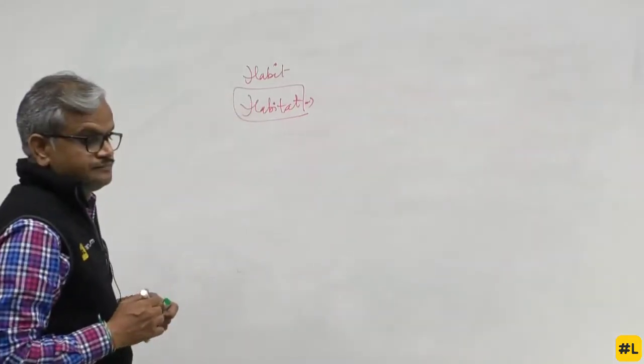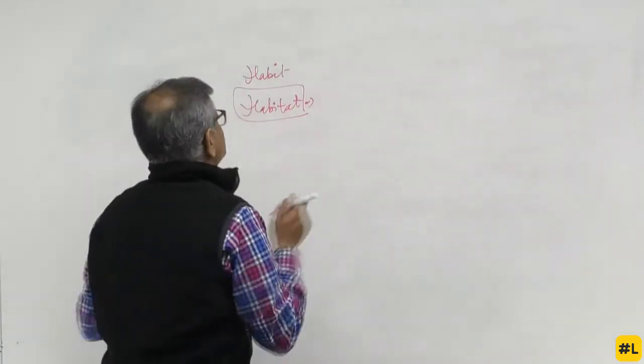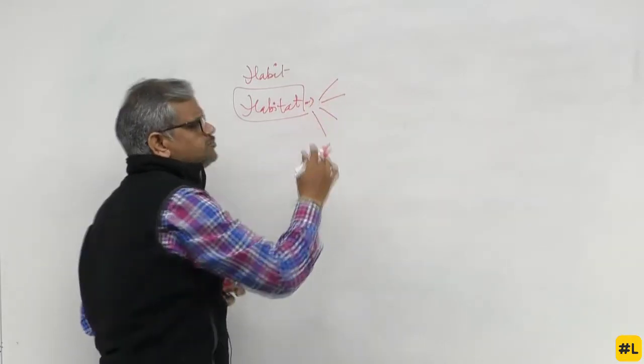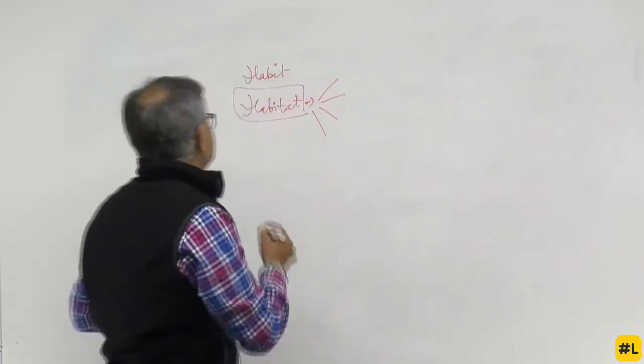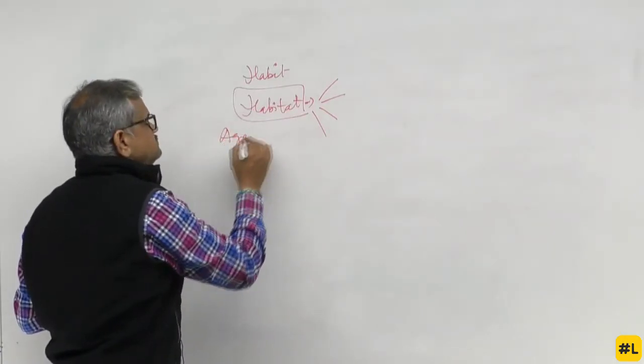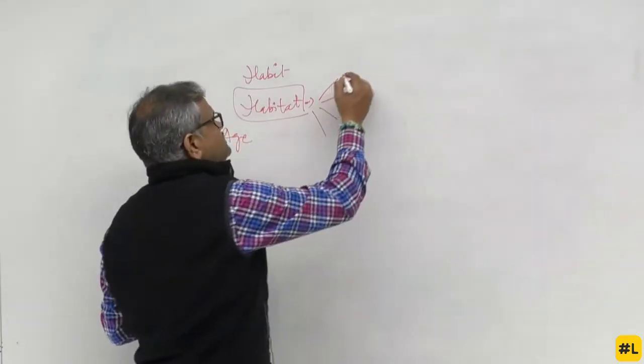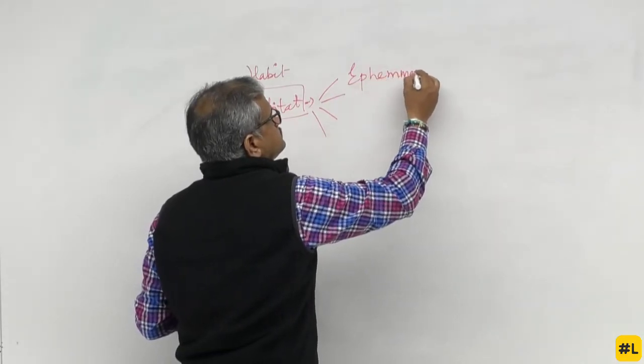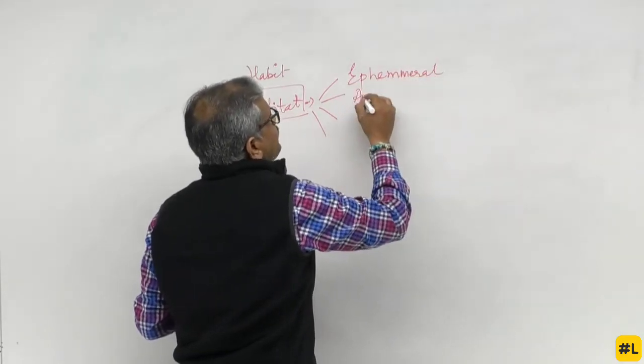Now, habit. So I will be talking to you only about habitat. So when I say habitat, plants, angiosperms, have been classified first based on their age. Some plants are ephemeral. Some plants are annual.